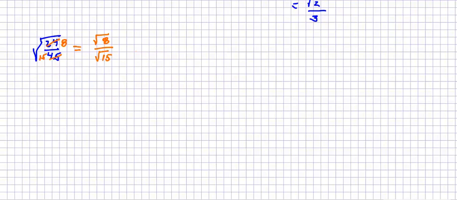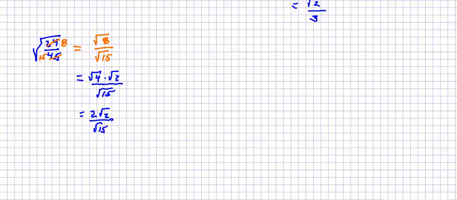Now, before I multiply numerator and denominator by the square root of 15, I'm going to simplify. Square root of 8 is the same as the square root of 4 times the square root of 2 over the square root of 15. Square root of 4 is 2, so I get 2 square root of 2 over the square root of 15.